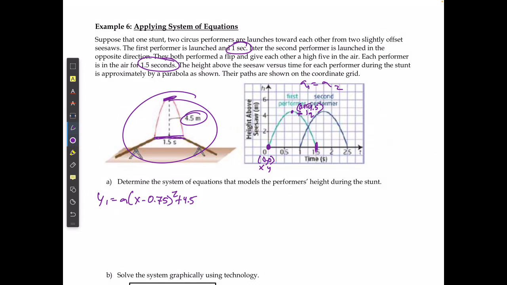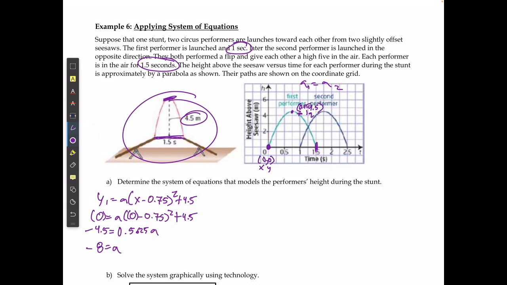Or that 0 is equal to a(0 minus 0.75) squared plus 4.5. Negative 4.5 is going to equal negative 0.75 squared, which gives me 0.5625 a. And when I divide both sides by 0.5625, I get negative 8 is equal to a.